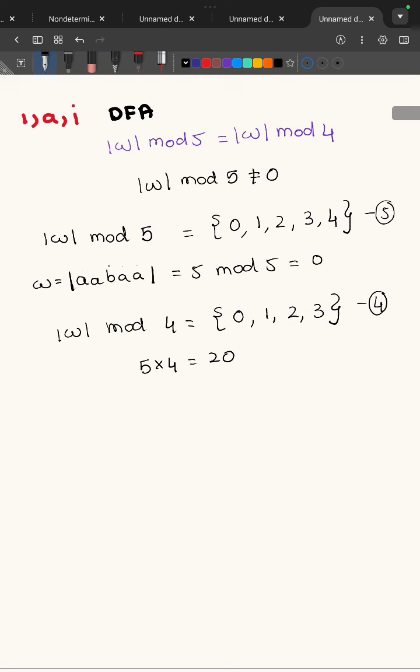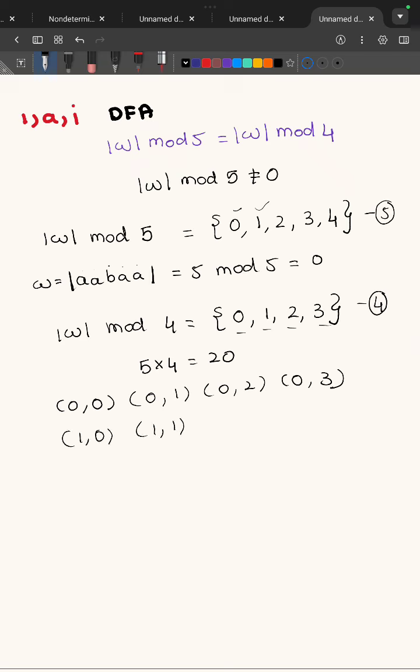Take 0 here, combined with all the elements present in your 4. So it will be 0 0, 0 1, 0 2, 0 3. Similarly, take 1 with all the possibilities: 1 0, 1 1, 1 2, 1 3.